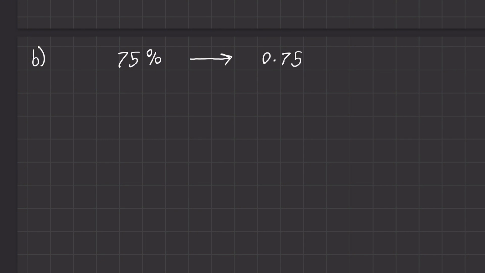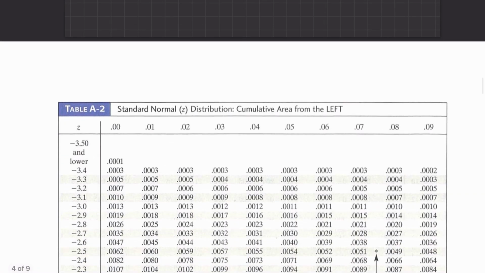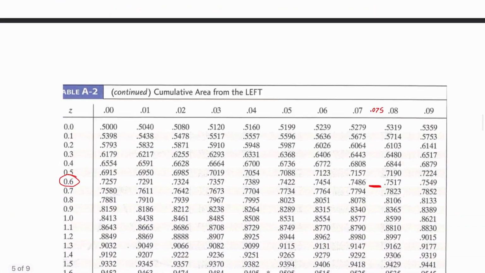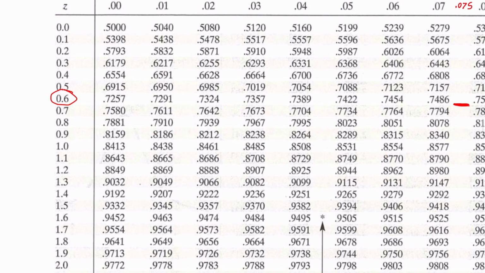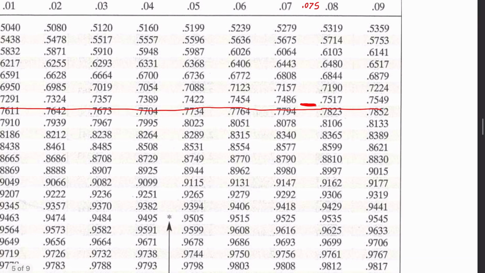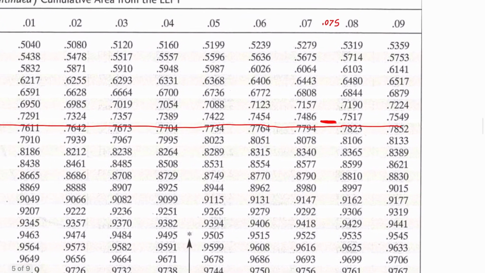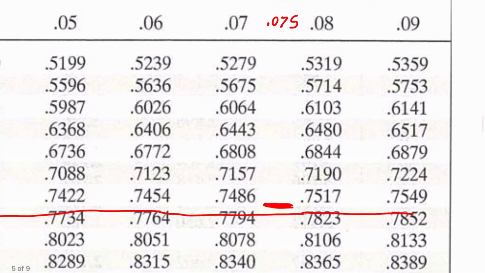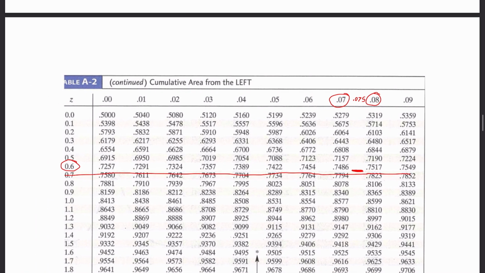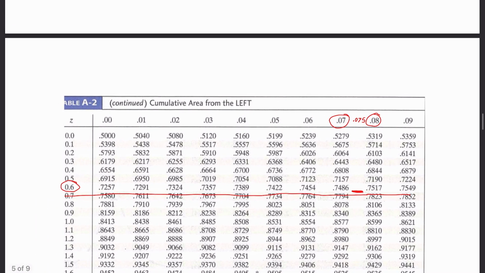Now, using this, we can go back to our table looking for 0.75. As we can see here, there is no value that is equal to 0.75 directly. So that means we take the two neighboring values, 0.07 and 0.08, and we average them out, which comes out to approximately 0.075. And then taking our 0.6 from before, we have our number 0.675.